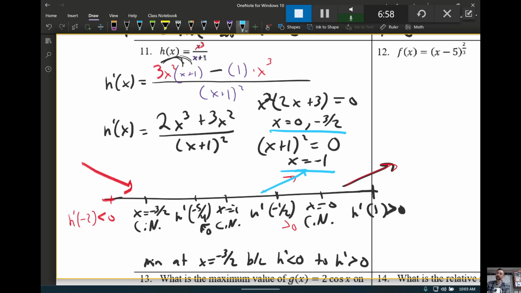I was cheating by not finding this value, and you can see I still didn't even do it right. This is supposed to be positive. Okay, so positive to positive to positive doesn't create any relative extrema, but right here, that's a relative min at this x value because the derivative goes from negative to positive. Correct answer, correct location, correct justification.